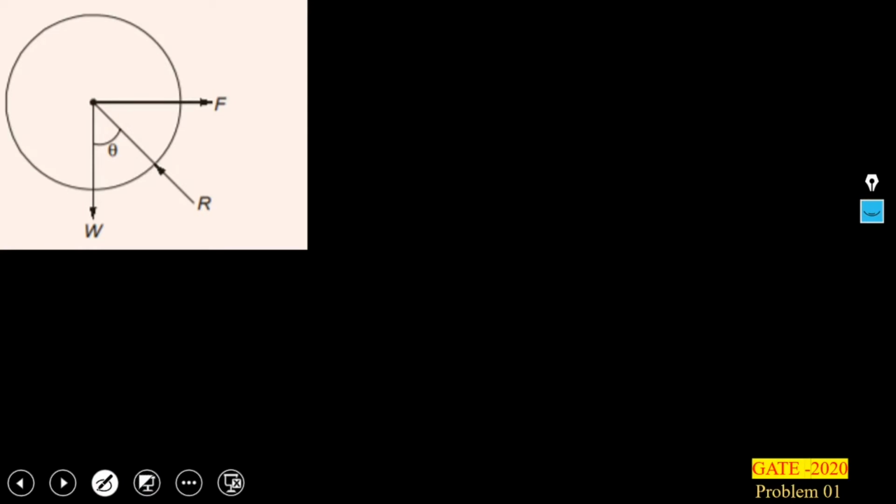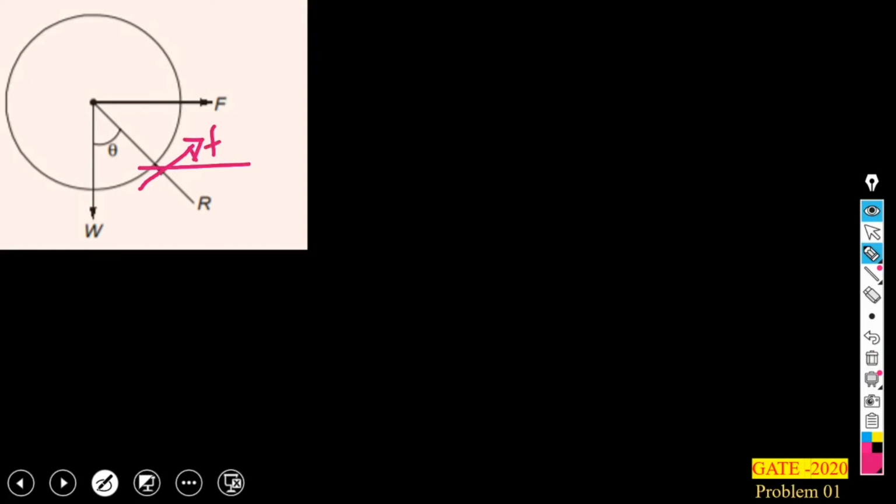Let this be the frictional force. Let this be the height h, and this is r minus h, and this is the right angle triangle. Let's say this is point A. This is equal to square root of 2rh minus h square.